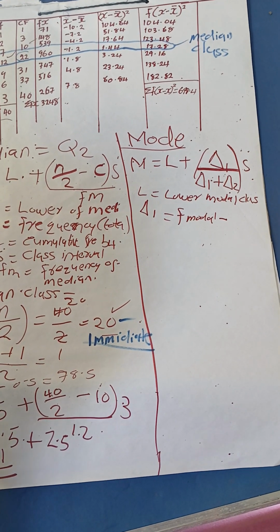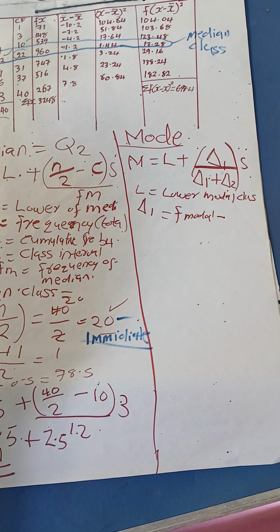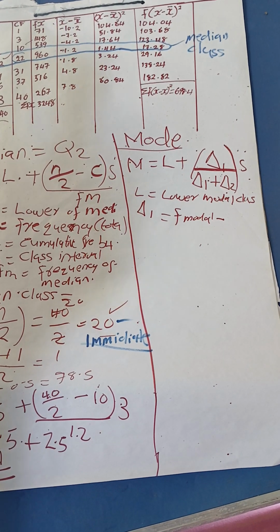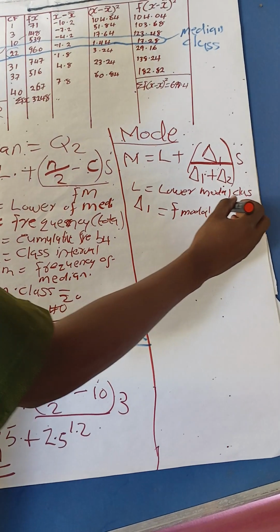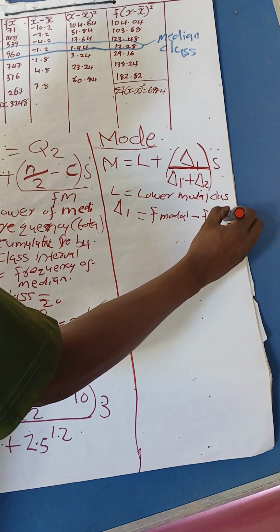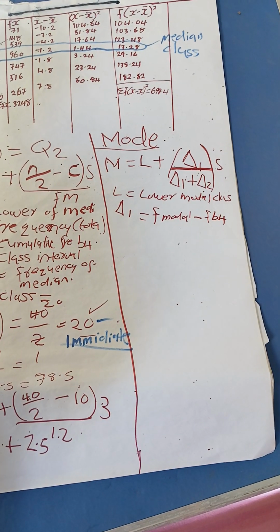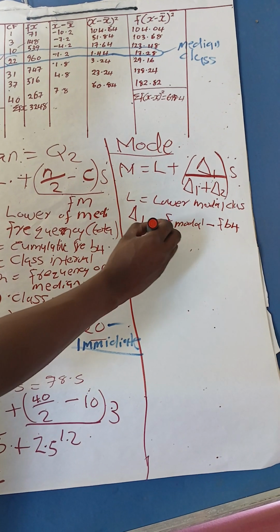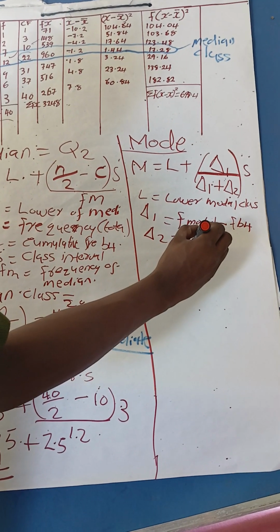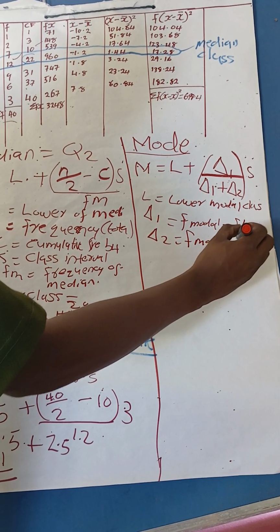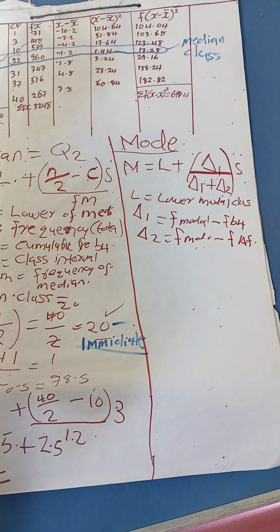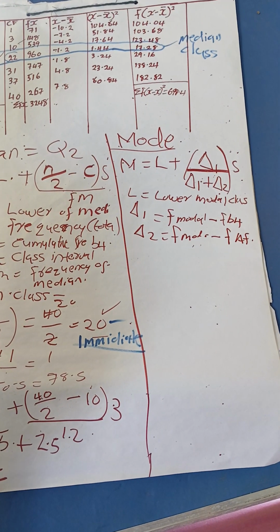Delta 2 will be the frequency of the modal class minus the frequency after the modal class. Good.